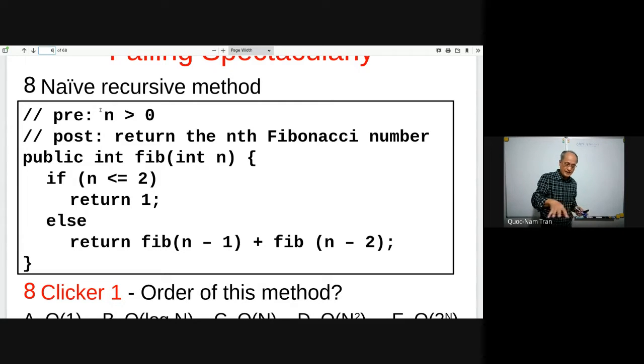Now, here you will see that the Fibonacci number will be calculated again and again many times, right? So let's say if we have fib of 5 or 6, it will be the result of fib of 5 plus fib of 4, right?